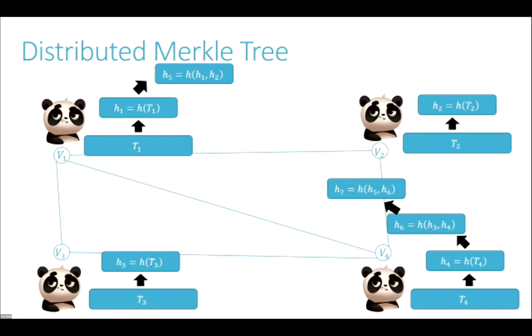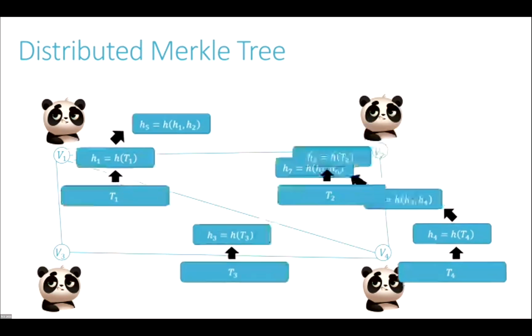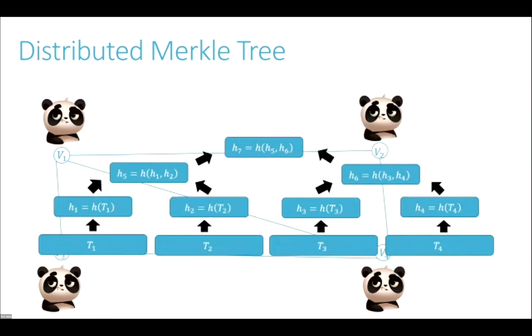What's special here is that when these fractions are put together, they form exactly the same Merkle tree as would be constructed by an authority that sees the entire input. And now we want to achieve these fractions in the nodes without having to first collect the entire information in one place, compute the Merkle tree, and then spread the fractions.